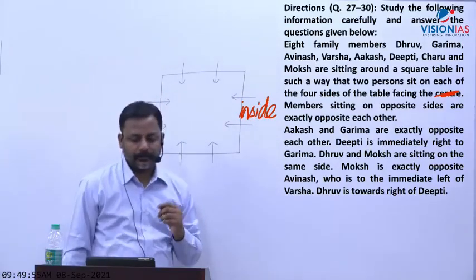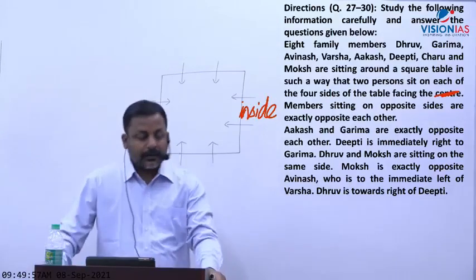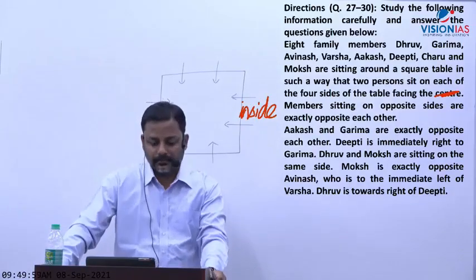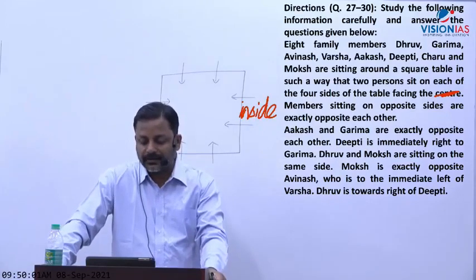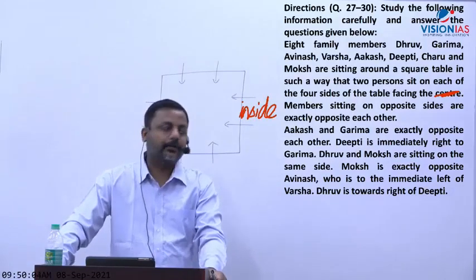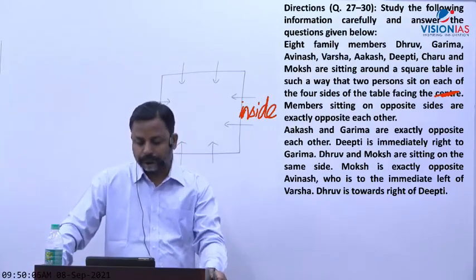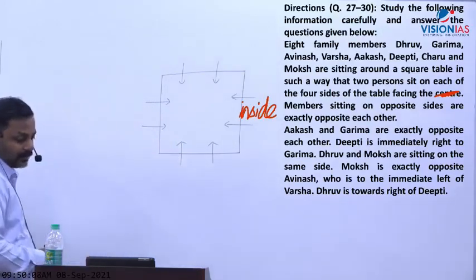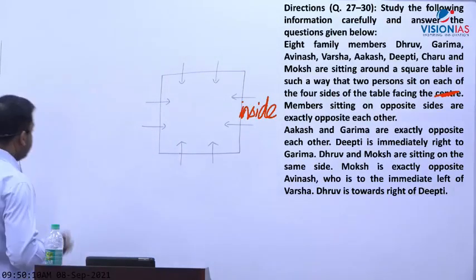Okay? So now come to the set of information. The first information is Akash and Garima are exactly opposite each other.